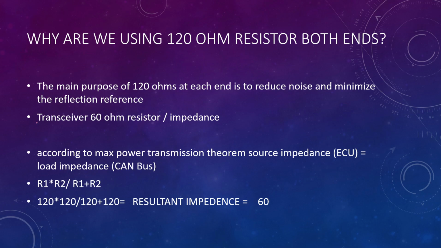The 120 ohm resistor avoids noise. For example, if your ECU is on the engine side, the engine makes noise, right? When the ECU transmits data, the engine noise will sometimes get added. Outside noise is added to the ECU through the air, from things like speed controls.